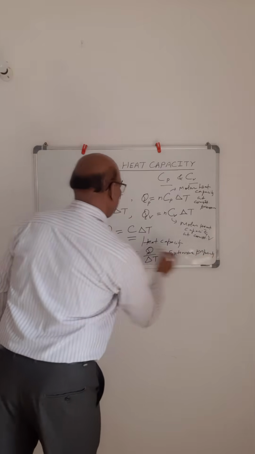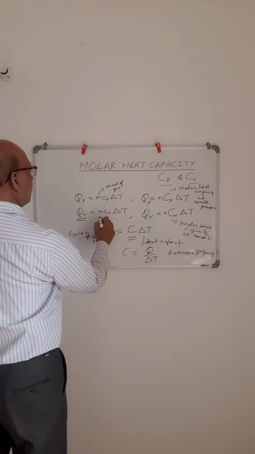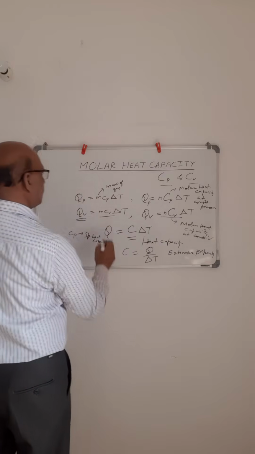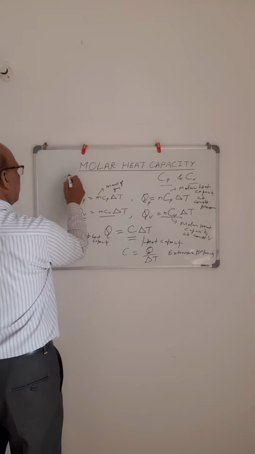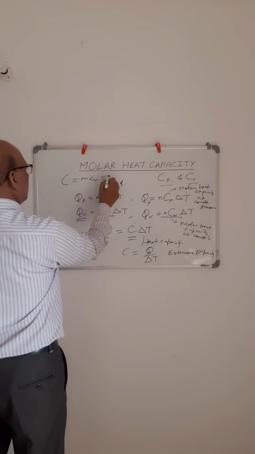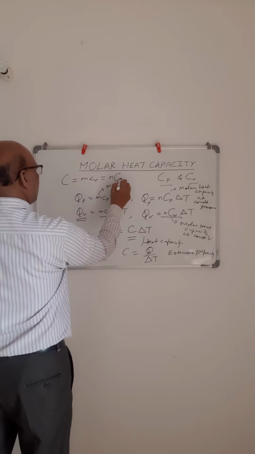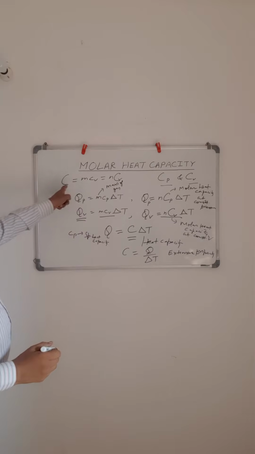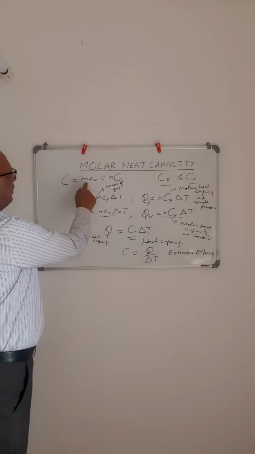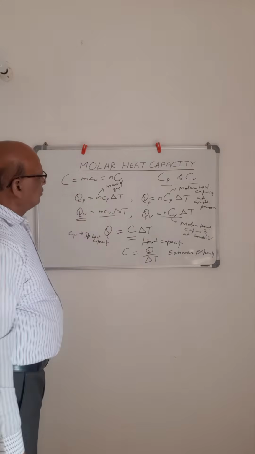Why? Because capital C is nothing but m into cv or n into Cv. So this value of capital C, that is the heat capacity, depends on the mass of the gas or the number of moles of the gas.